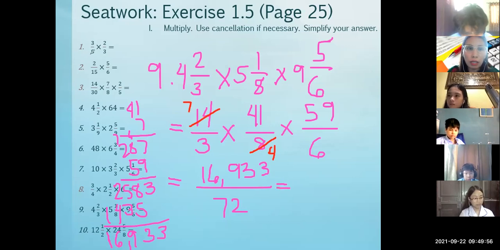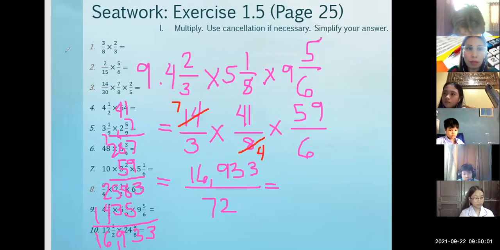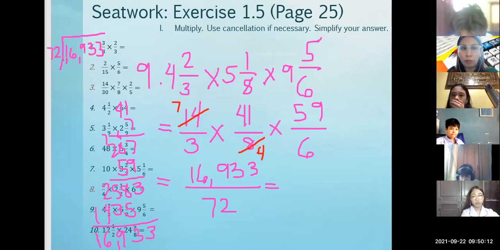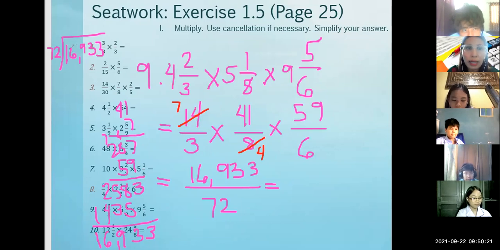We need to divide. 16,933. Let's divide that by 72. So 1, we cannot divide 1 by 72. Let's get 6 here. 16 divided by 72 cannot be then. Ulit, let's get 9. So 169 divided by 72. 40. 2.